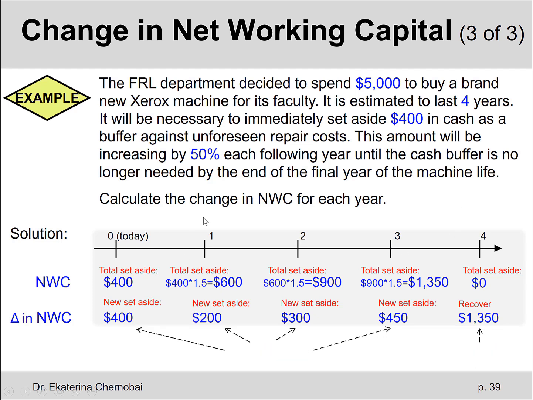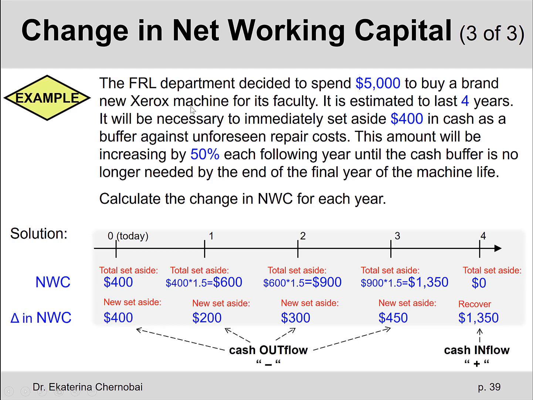Actually, nothing. Everything would be the same. So you should always assume that the entire net working capital that was invested for any project would be recovered at the end, which means the total net working capital would be $0 in the final year.